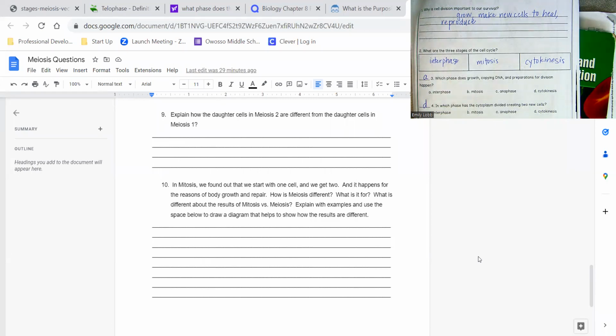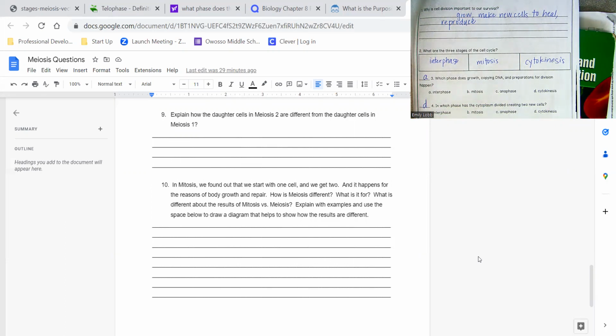Here is the culminating question. How is meiosis different than mitosis? Remember, mitosis helps regenerate cells, but meiosis is different. What is meiosis for?